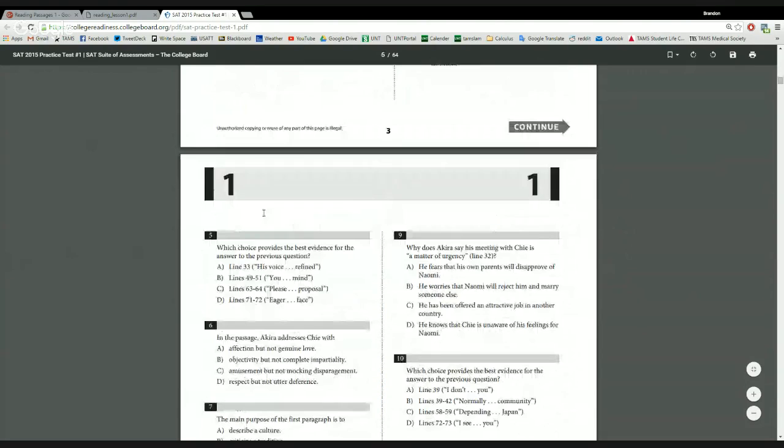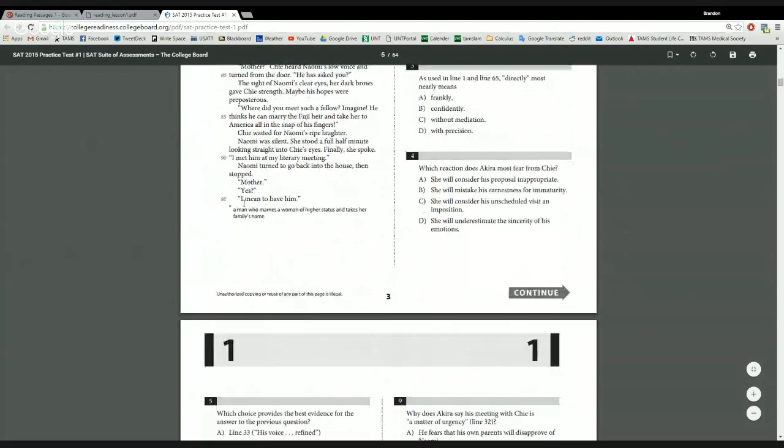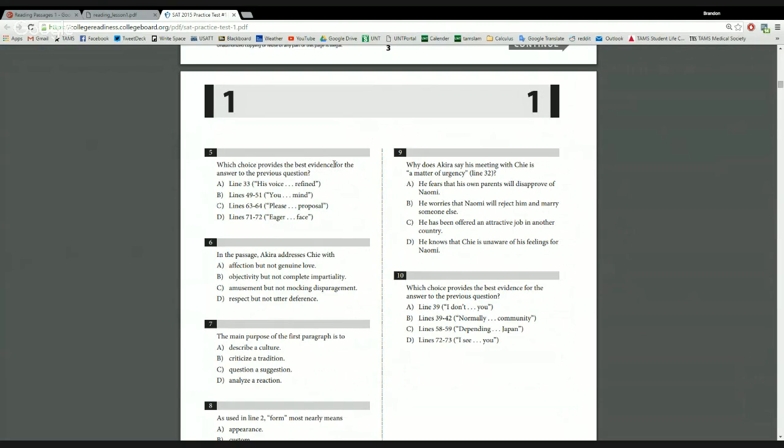Now where do we find this? Oh, we actually found it here, lines 63 to 64, my bad. So the answer is C, lines 63 to 64. This is a passage or evidence-based question. So wherever you think you found the evidence, you can go back to it, find the lines, and answer the next answer choice.